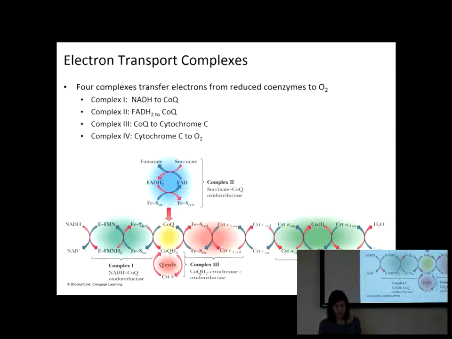That iron-sulfur center is then going to react with coenzyme Q to produce the reduced form of coenzyme Q, which is then going to go on to the iron-sulfur centers in complex 3. So overall, a reduced species is going to react with an oxidized species to produce the oxidized species and the reduced species.